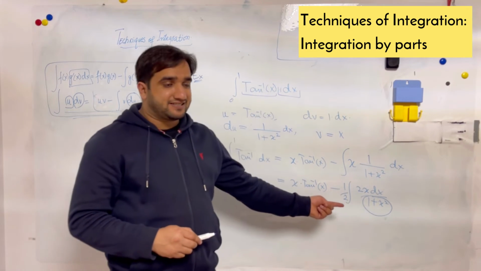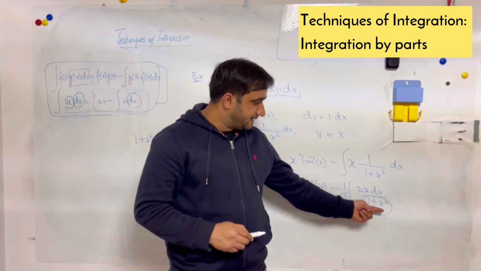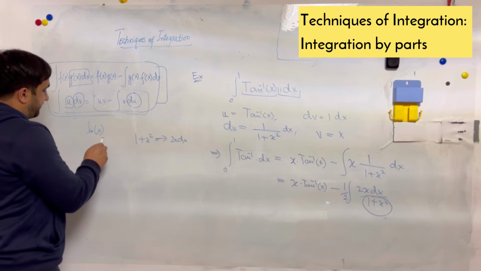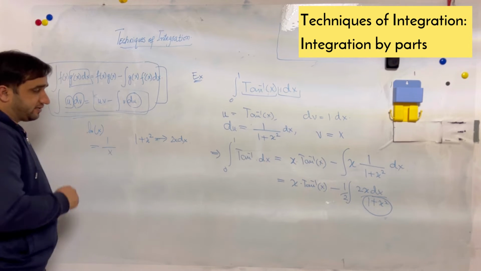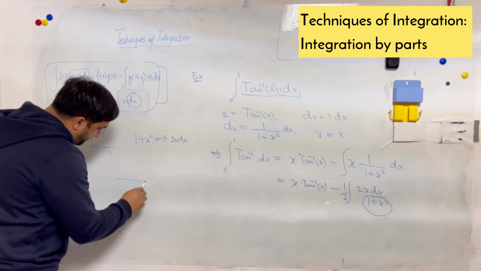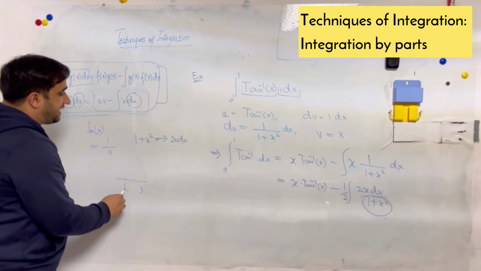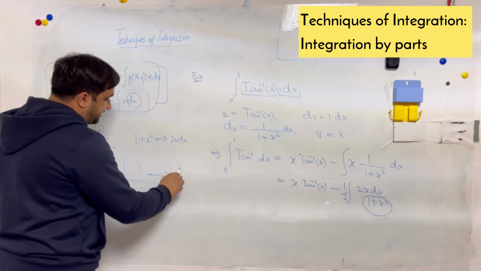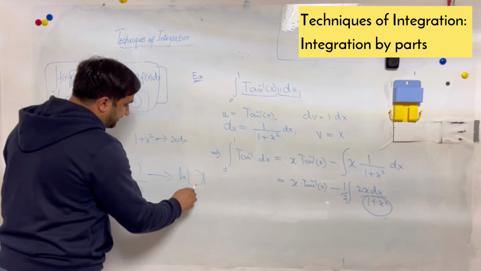Yesterday we were talking about it: when you take the derivative of ln of x, the answer is 1 over x. In the case of integrals, if the function downstairs has its derivative on the upper portion, then you can simply write it as ln of the function written downstairs.